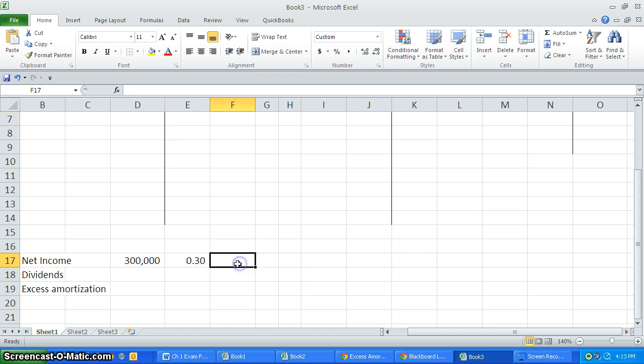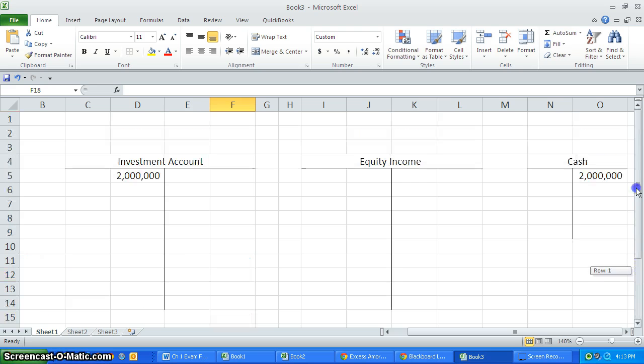So the income we are sharing here is $90,000. So let's put that in. Their income increases our investment. It certainly does not increase our cash. We don't share in that. But we are going to get our share of the income, $90,000.